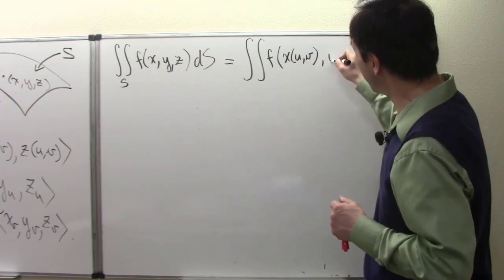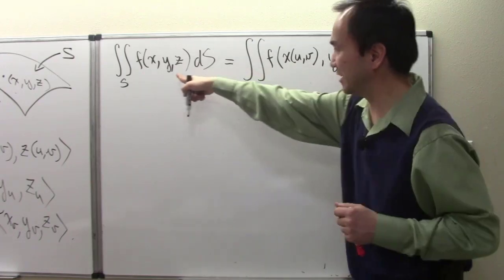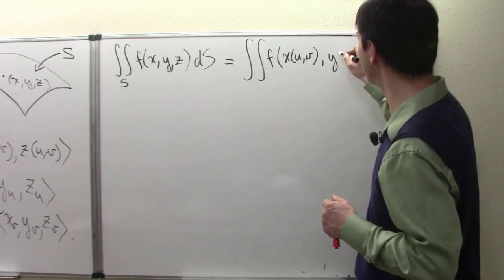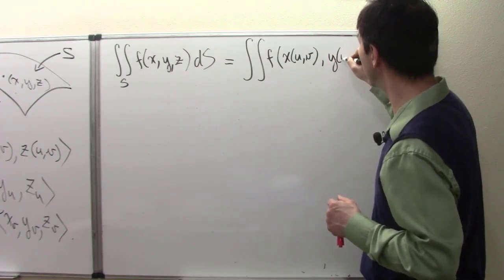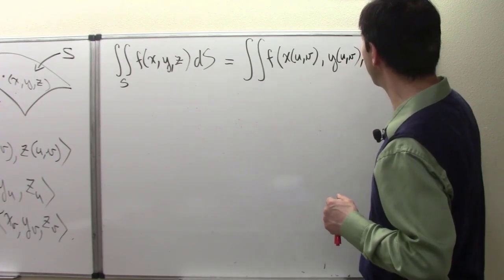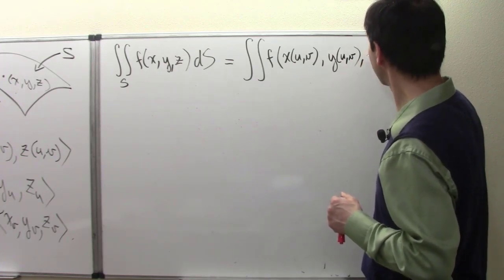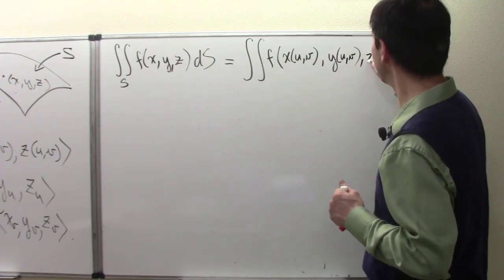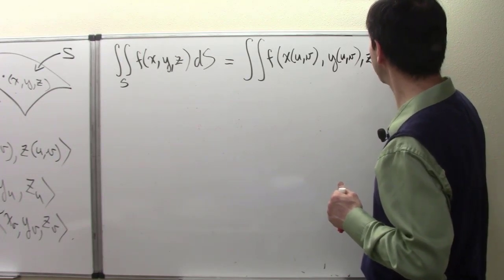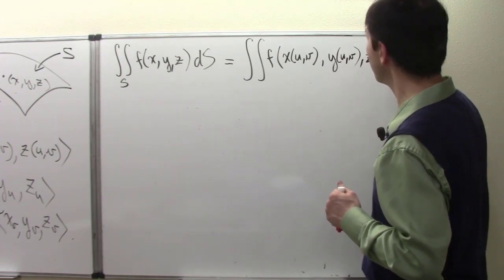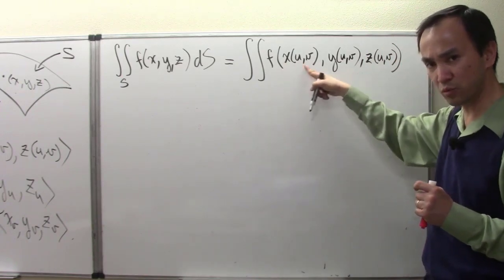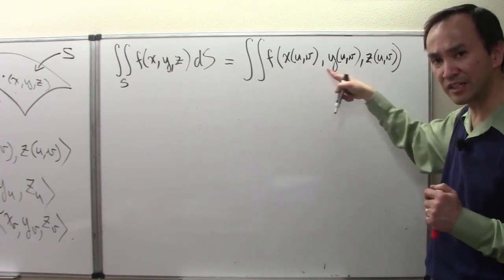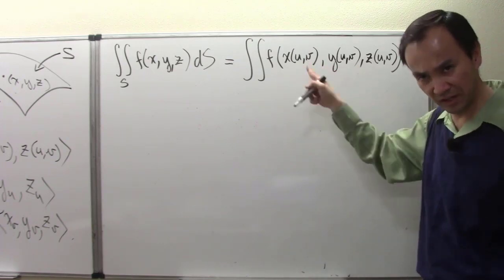The y variable also gets substituted by some function y of u, v, and the same way with the z variable. It has to be some function of u, v, and that completes our function. So our scalar function f will be re-expressed as a function only in terms of u and v at the end.